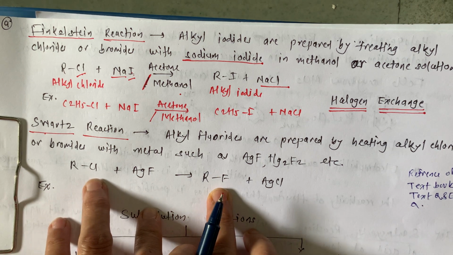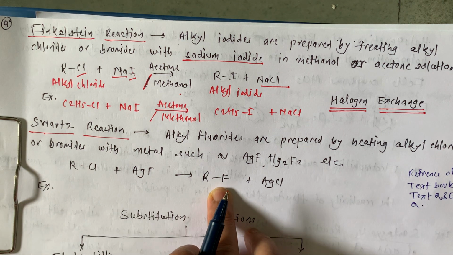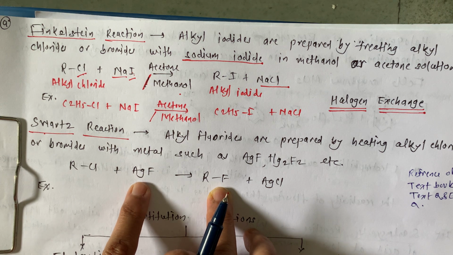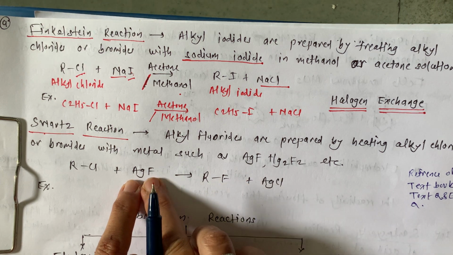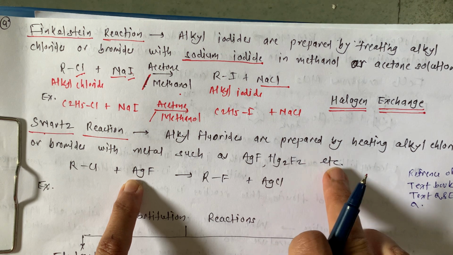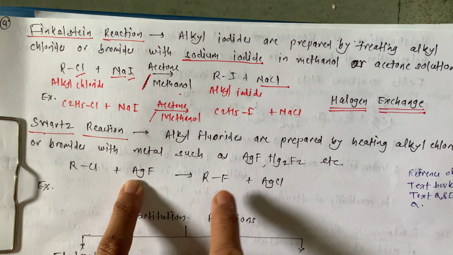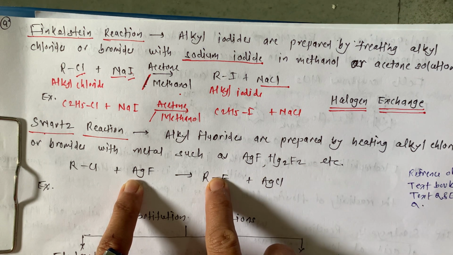Actually getting fluoride products is very difficult in the basic reactions which we studied before, as we know that HF and all these things are explosive and give explosive reactions, so we cannot carry out such reactions in the laboratory or in any plant. But when we use reagents like silver fluoride or mercury fluoride, and many other fluorides given in the textbook, then we can easily get the fluoride product.